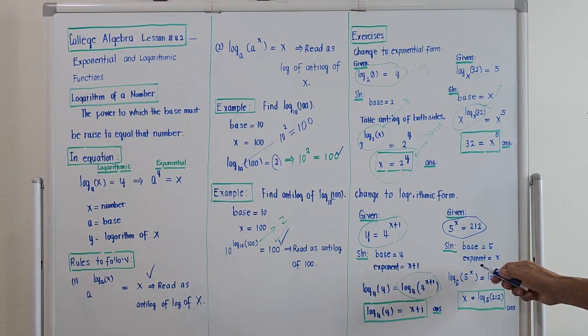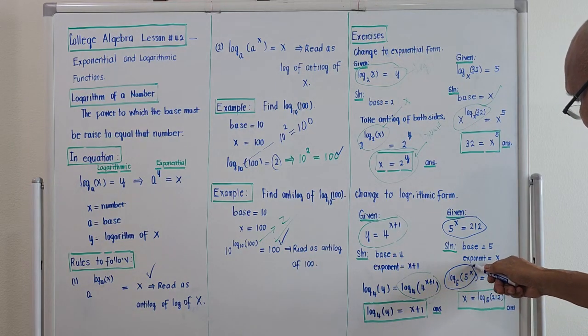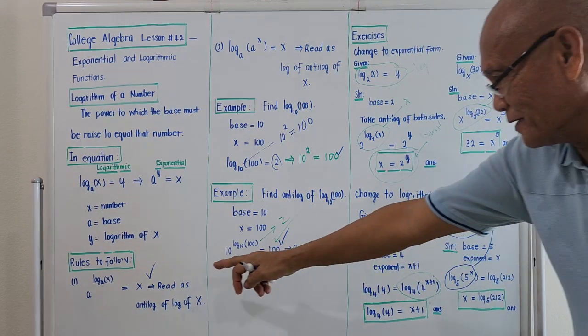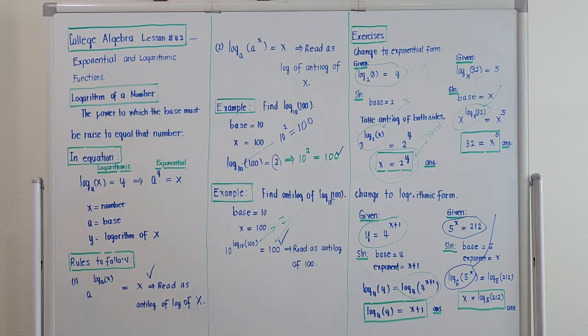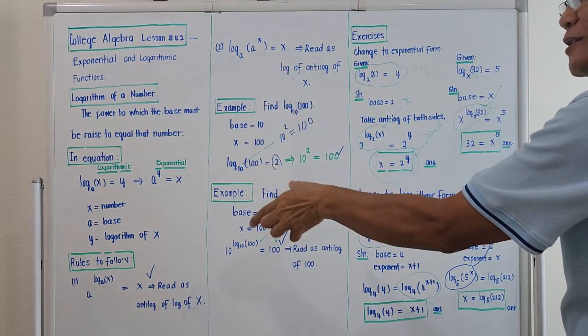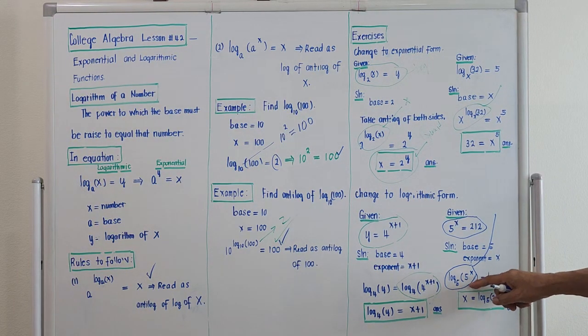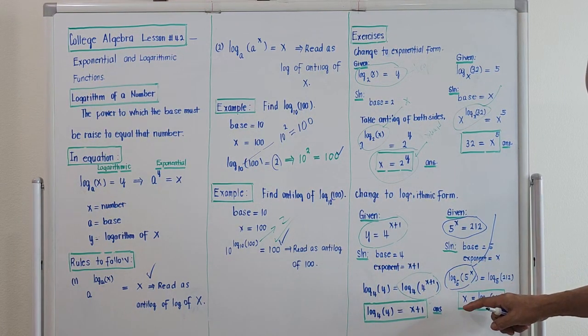And what will be the simplification of the left hand side? Rule number 2, right? The logarithm of an antilog, because 5 to the x is read as antilog, right? So the logarithm of antilog of 5 to the x is just simply x.